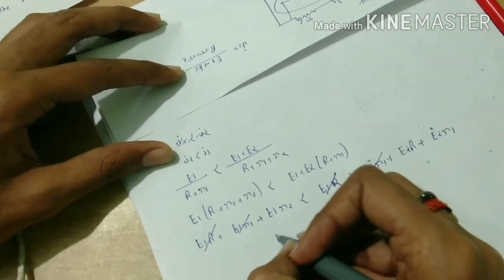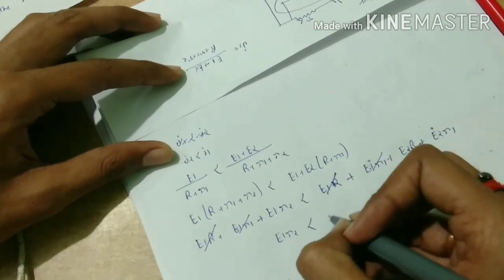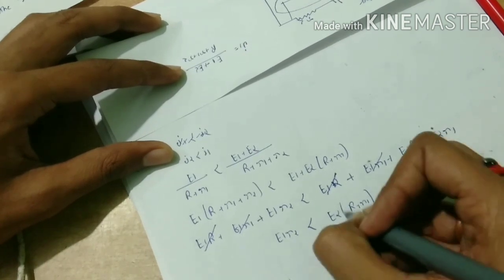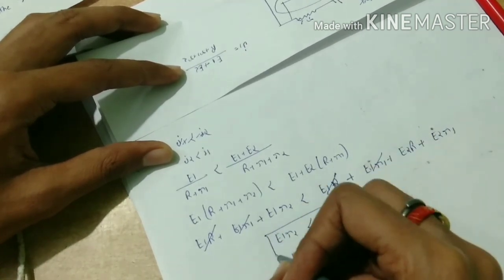So we get E1 R2 less than E2 times R plus R1. So we get two conditions.